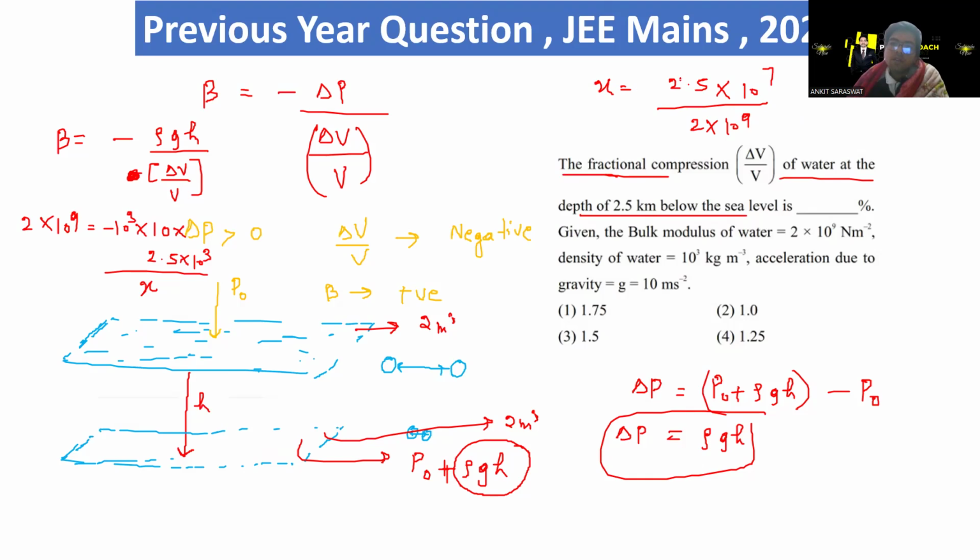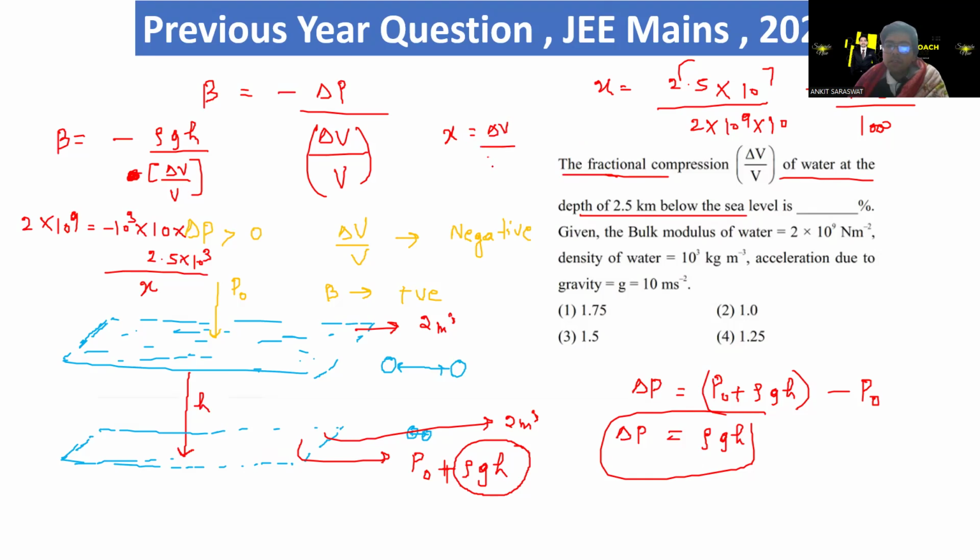Clear? So how much in percentage, they are asking actually. So first of all, find this. It will be 12.5 over 2,000... Okay. In percentage, x is what?